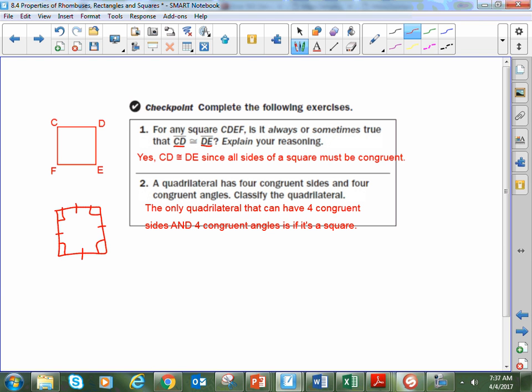Now, one of the properties of a rhombus, and we haven't seen it just yet unless you've already seen the demonstration video, and I'm drawing a very poor rhombus here, is that its diagonals are perpendicular to each other. So is that a quadrilateral that has four right angles and four congruent sides? Well, technically it does. So I had a hard time arguing with that.